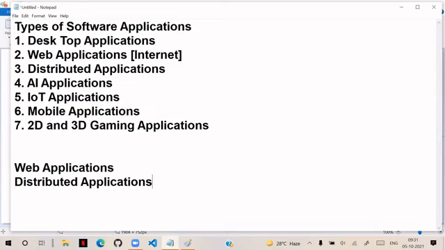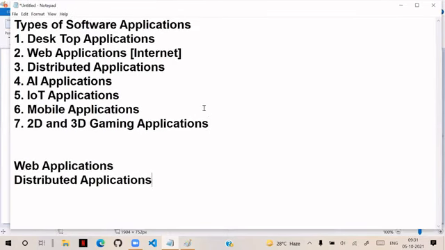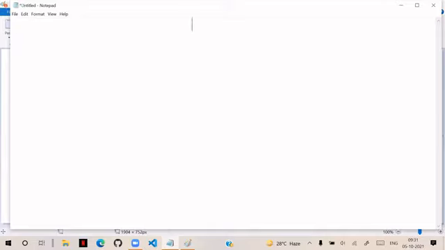Hope everyone is clear with this point. So, the types of applications and which ones we are going to build and learn in our UI technologies, that is important. So the first point is clear. We are going to build web applications.